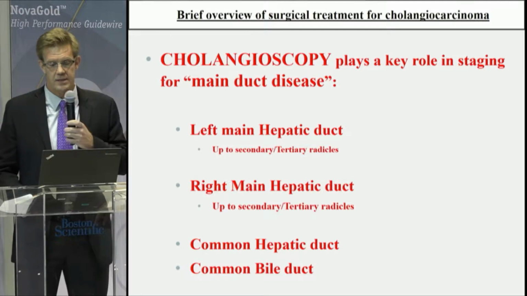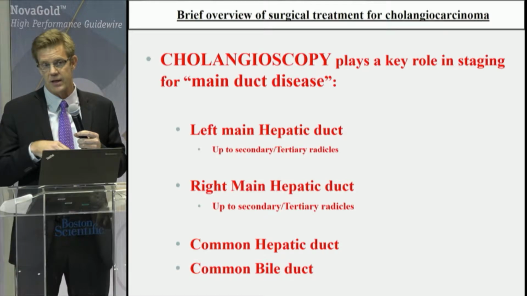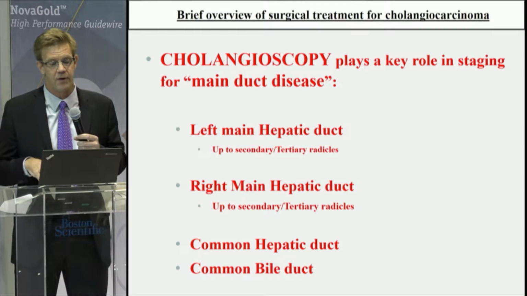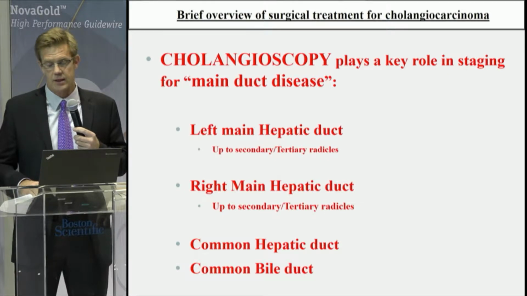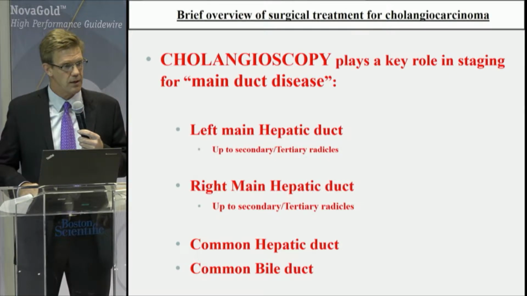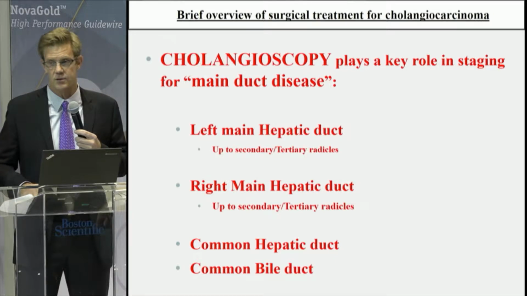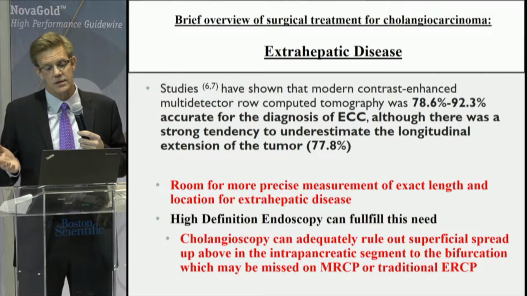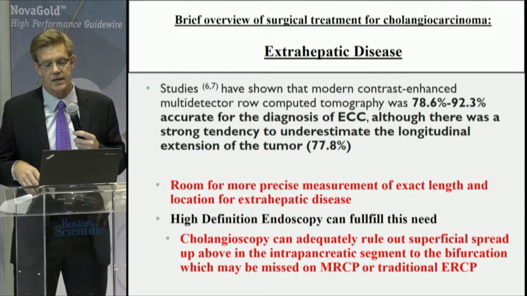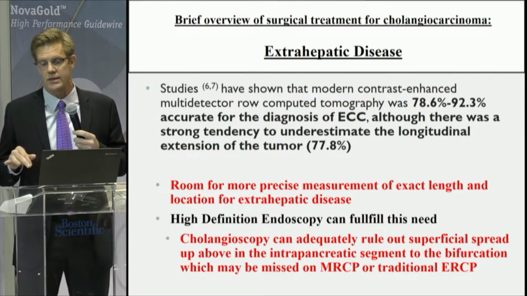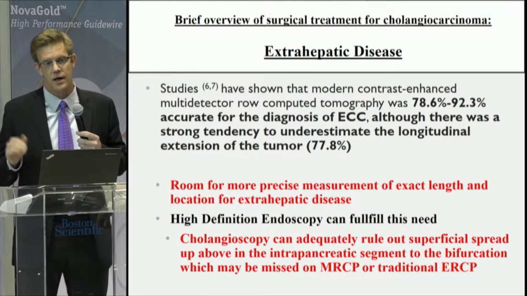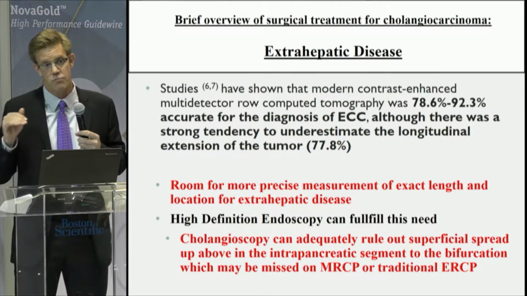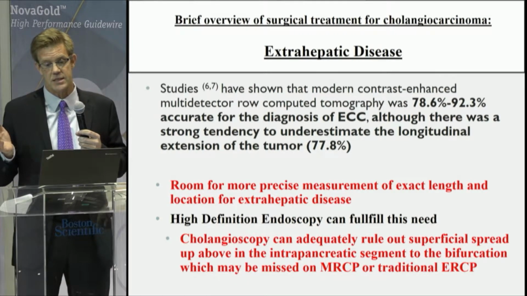Cholangioscopy plays a key role in staging main duct disease. It can give us an idea of the extent of involvement of the left main disease, right main disease, the laterality of that involvement, which of course is important for deciding which side of the liver is going to be removed. It can tell us how that disease is involved in the common hepatic duct, the common bile duct. Importantly, studies have shown that in modern CT, there's a strong tendency to underestimate the longitudinal extension of tumor growth in distal duct disease, so extrahepatic disease.